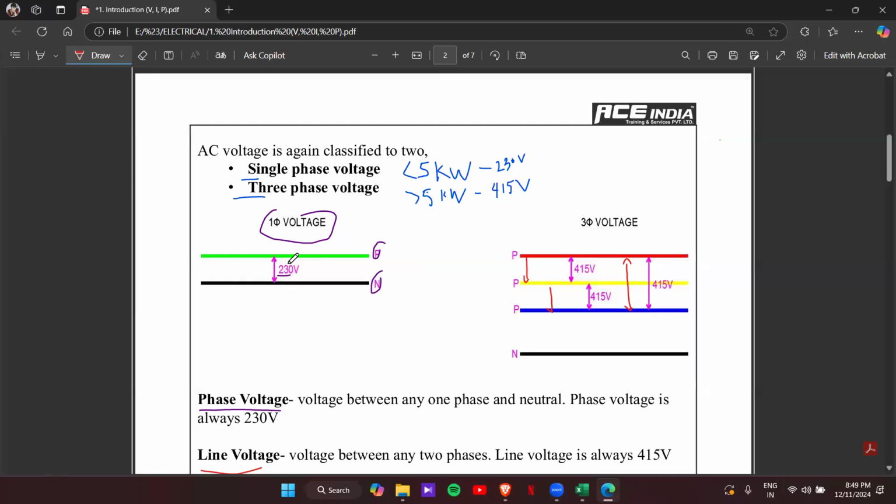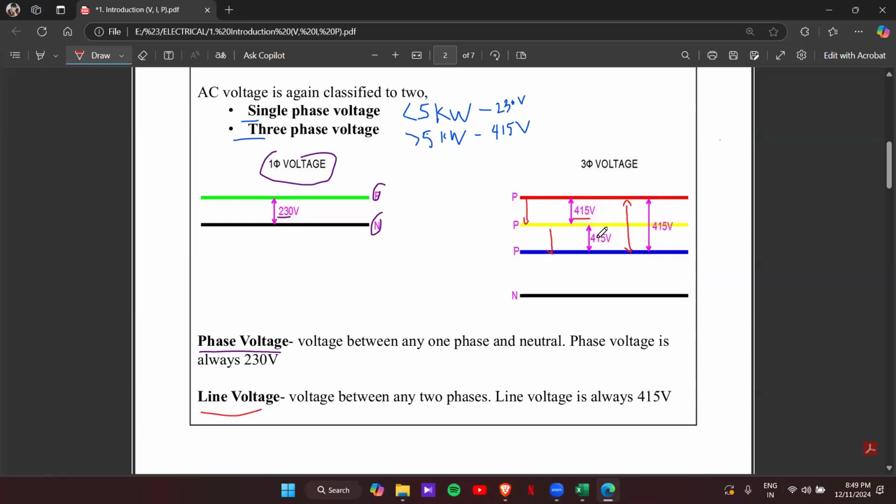Voltage between phase and neutral is called phase voltage. Clear. And this will be always 415 volt. Normally in the catalogs and data books, it will be written as 440 volt, but in the actual scenario, you don't get 440. There will be some transmission losses. After the transmission losses, you'll be getting around 410, 415 volt.